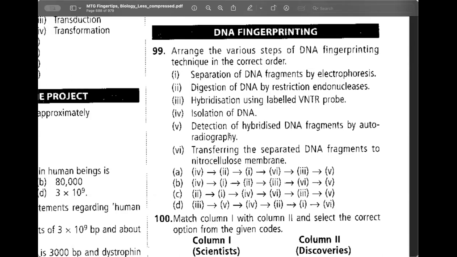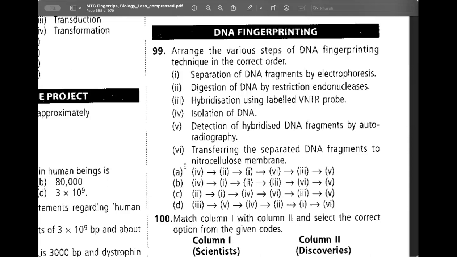Even if you're sometimes confused, don't leave these kinds of questions, because they give you enough hints themselves. If you just read, you will realize that first I will isolate the DNA, then separation doesn't make sense, first I have to digest, and then I can separate. Keep looking at the options. If you know the first three steps correct, you get the right answer.